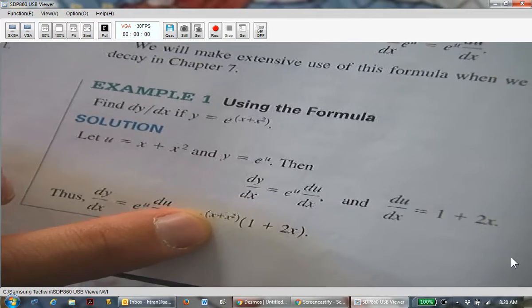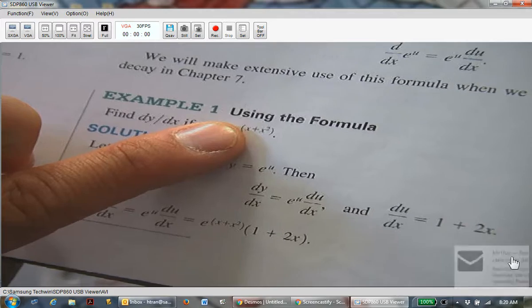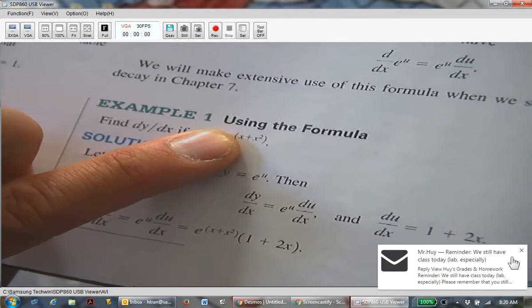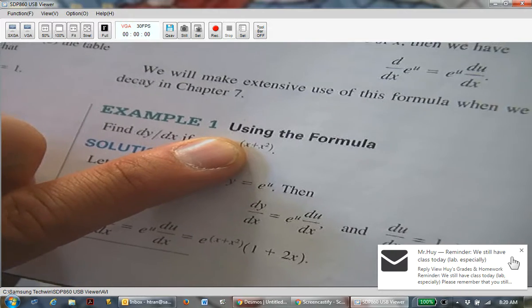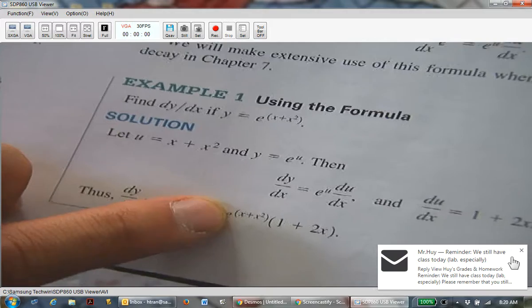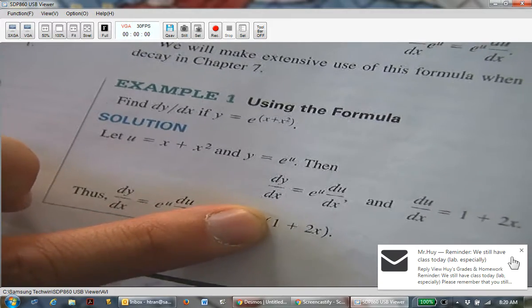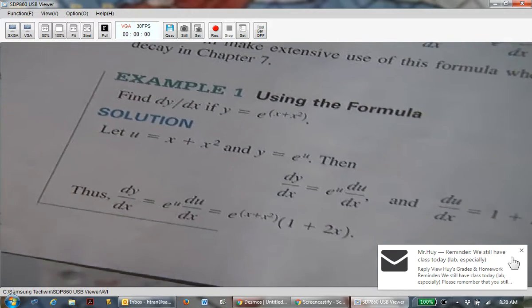Then you take the derivative of u, which is 1 plus 2x. So it's just e to the x plus x squared times that derivative of the inside function. And that is the solution for this problem, right?